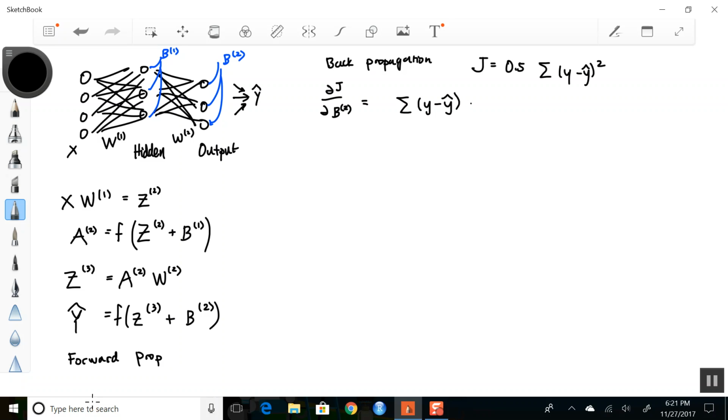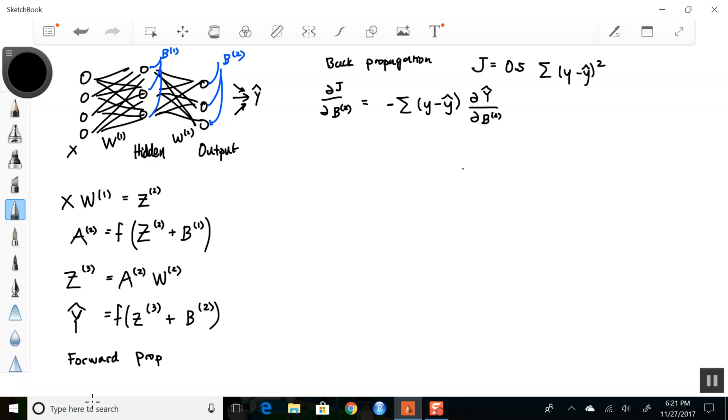So we would have to apply the chain rule, which means we bring out a negative there, and then we have the derivative of y hat with respect to the second bias matrix, okay?